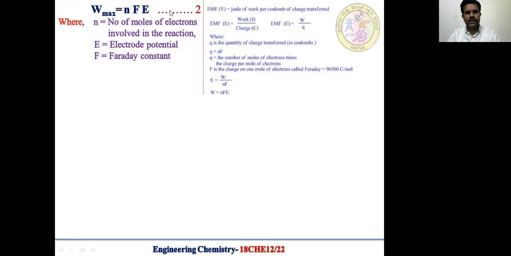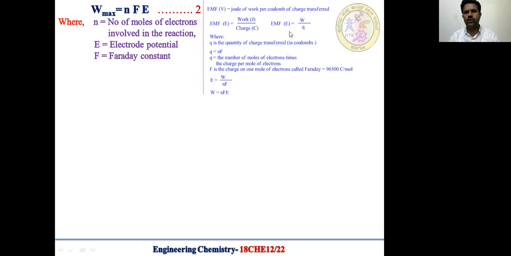So how does this relation come? Let's see here. EMF or electromotive force is nothing but joules of work done per coulomb of charge transferred. So the EMF or electrode potential is equal to work in joules divided by the charge in coulombs.